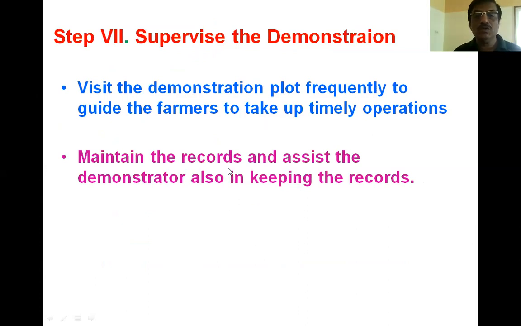The extension worker should maintain the record and also assist the demonstrating farmers in keeping the records, so that whenever other farmers visit the demonstrating farmer's field, they can go through the records: date of sowing, variety, seed material used, chemical fertilizer applied, spacing followed. Everything should be recorded.